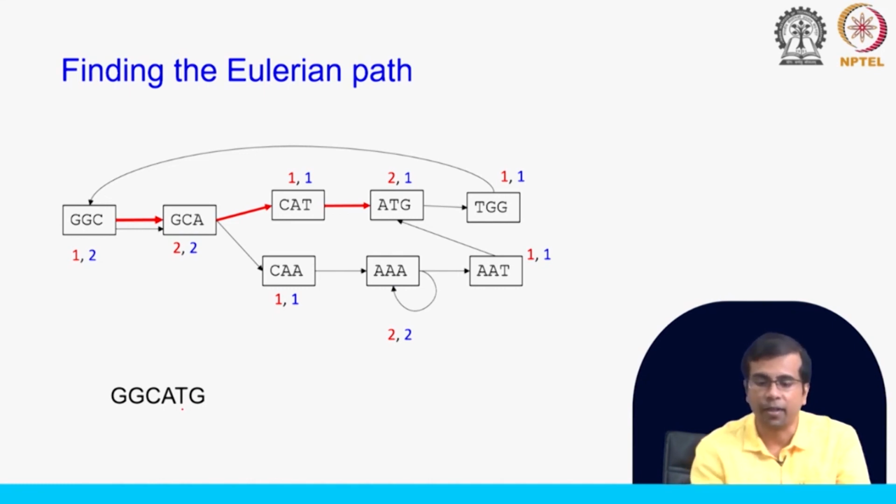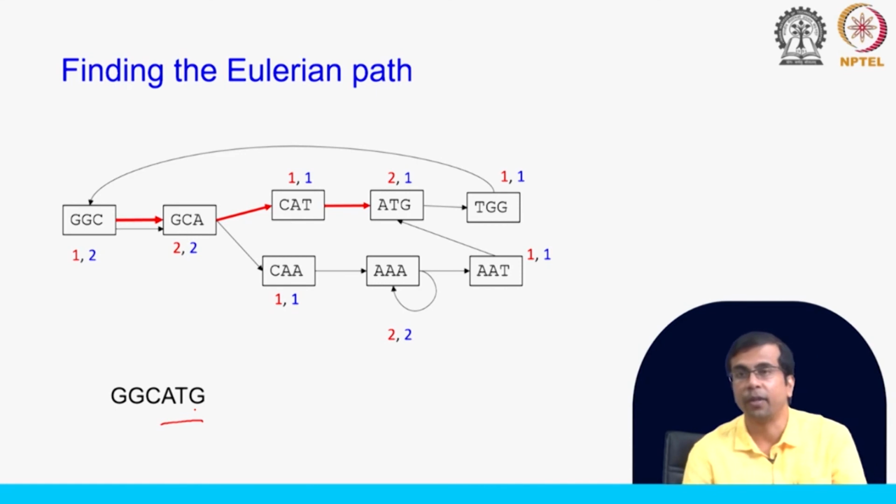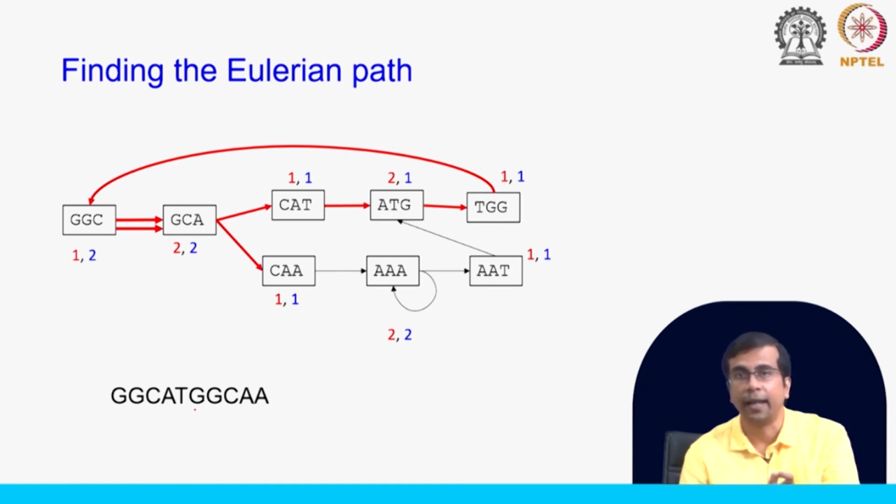and then we go to this ATG node, and we are adding this to the reference sequence here again, keeping in mind the overlap between these two adjacent nodes or the edge that we are traversing. And as we traverse through these edges, we actually build up the reference sequence. I am highlighting this traversal through these red arrows, as you can see, and we continue this process, traversing every edge exactly once.